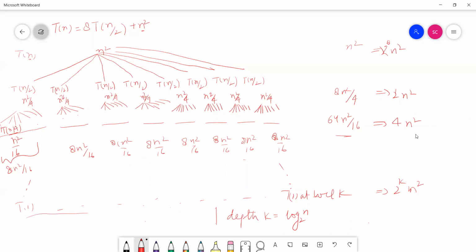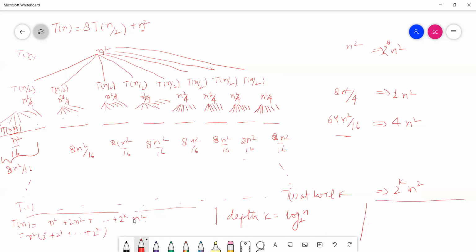Okay. So now we'll get a series. We'll make here Tn equal to n square plus 2n square plus up to 2 to the power k n square. So take n square common, we get a geometric progression 2 to the power 0, 2 to the power 1, up to 2 to the power k.